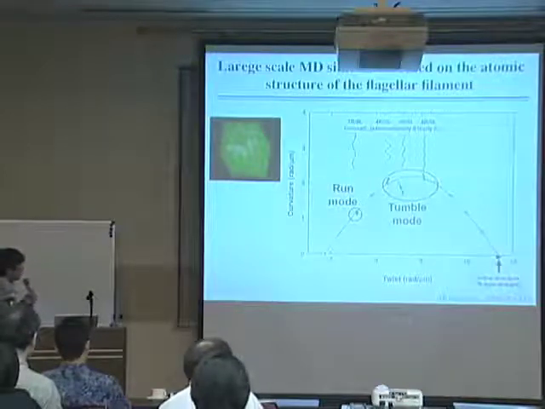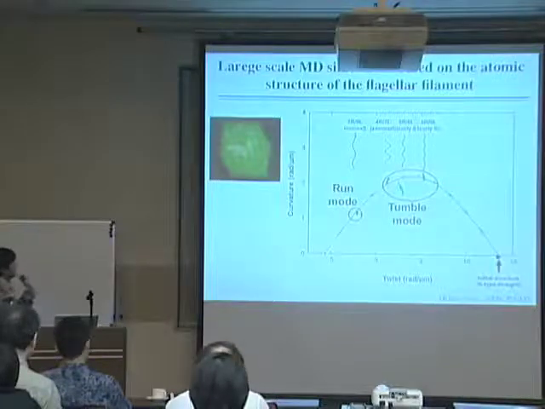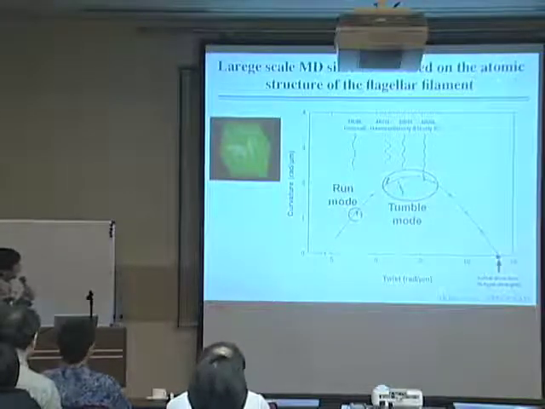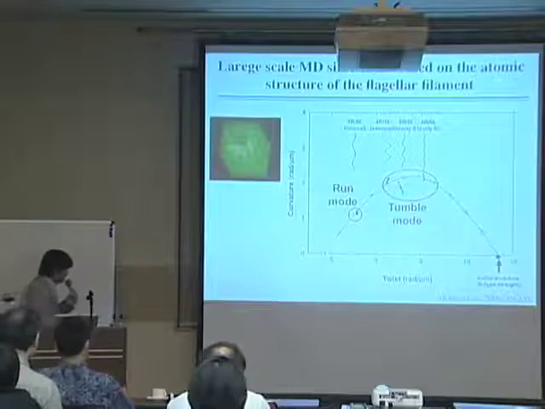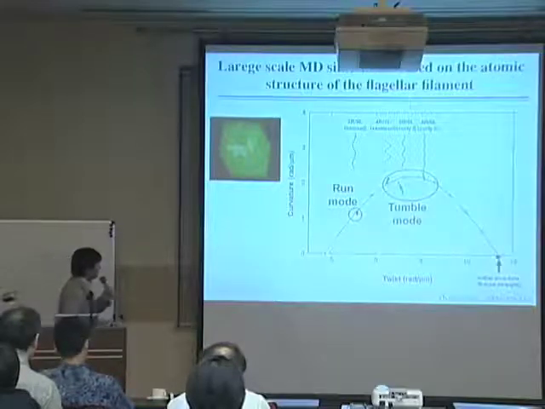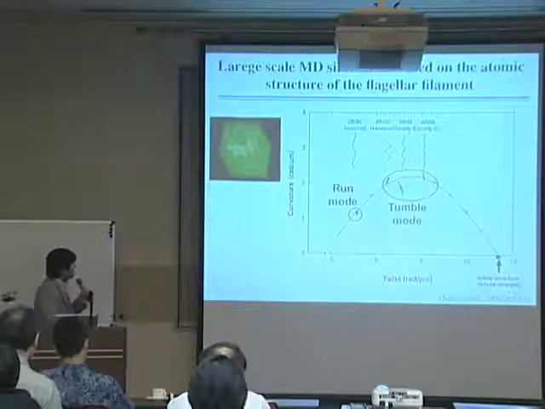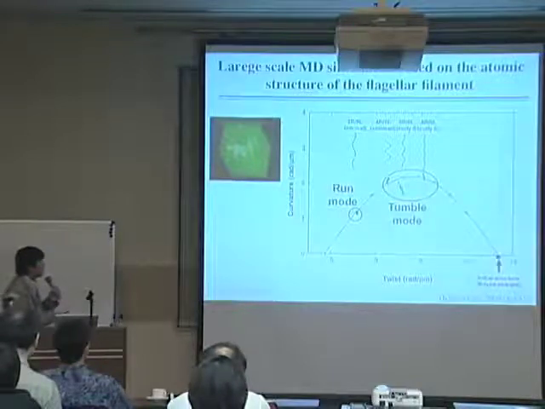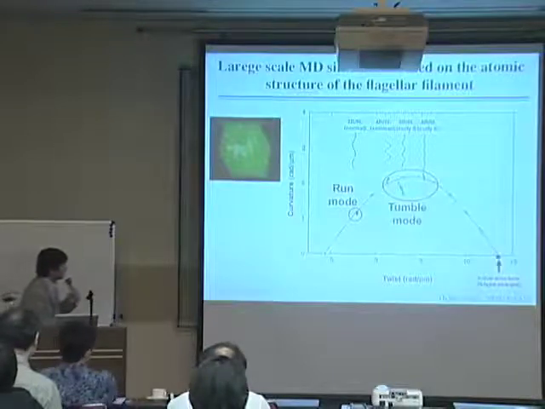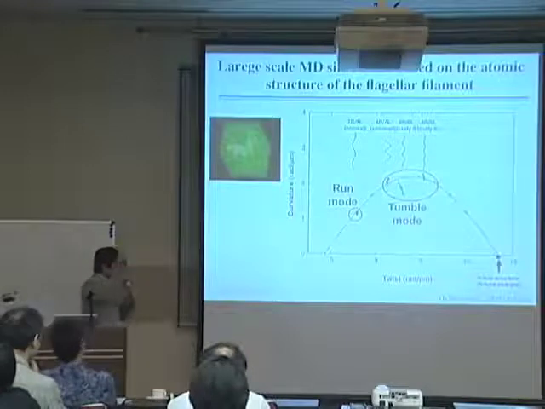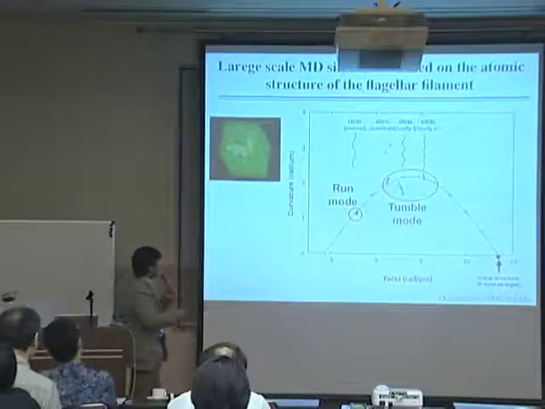One is around here. This is exactly very near to the predicted region that reflects the normal swimming mode, the supercoil form. And the other is near, let's say, the semicoiled form.